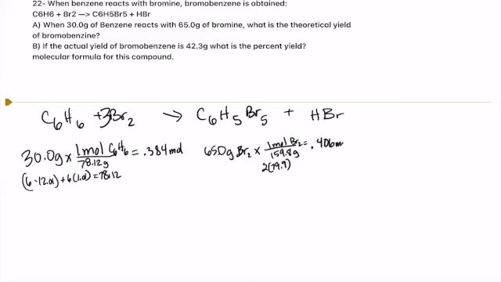And so we have roughly 0.406 moles of bromine. Now when you do our mole ratios, it takes 1 mole of benzene. On the flip side, it takes 3 moles of bromine.